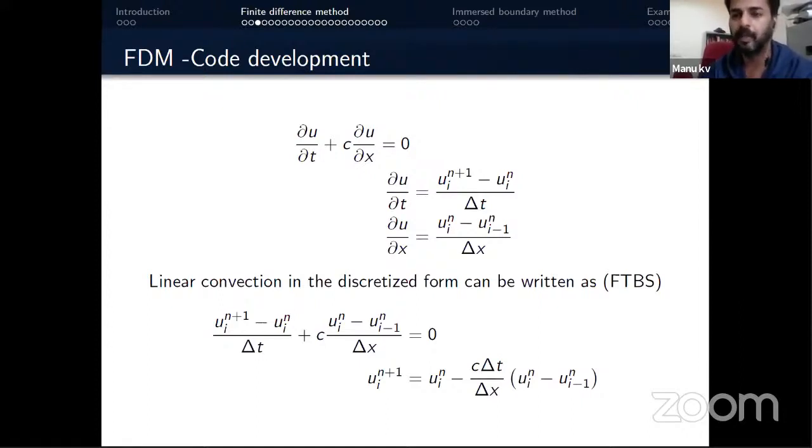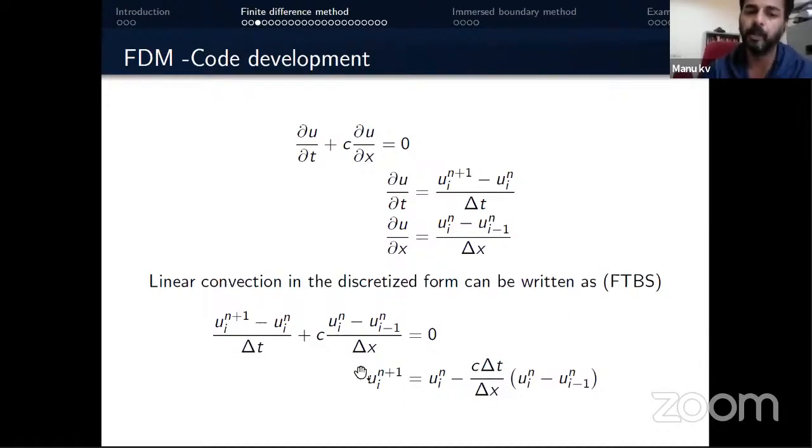These things are extremely important while selecting the schemes, which depends upon the kind of equation which we are handling. This linear convection equation we can write as a finite difference equation in this particular form, and we can solve this easily as an initial value problem.